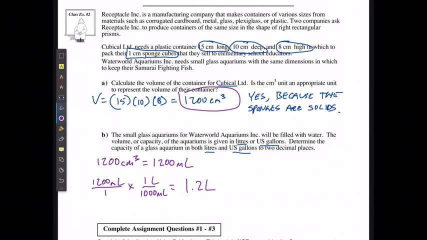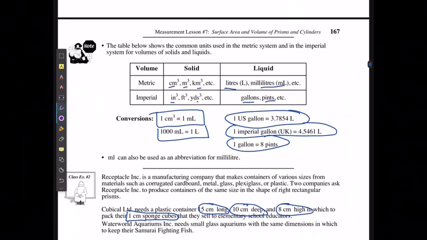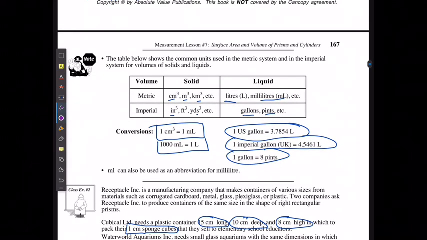If I want to do it in US gallons, then I need to know what the conversion rate is for US gallons, and I get it right here. 1 US gallon is 3.7854 liters.